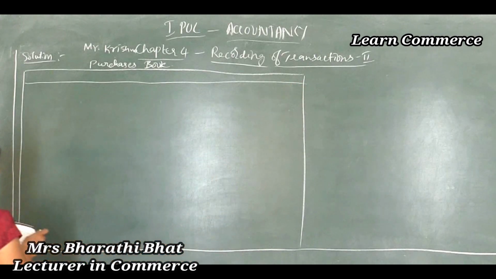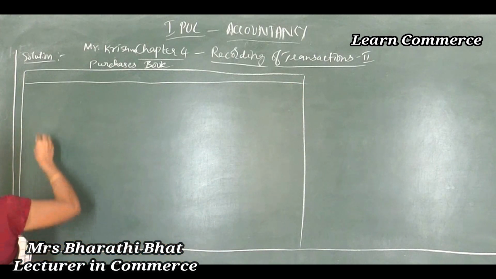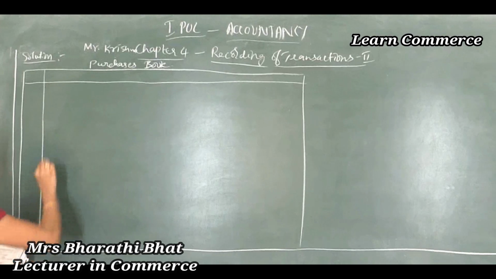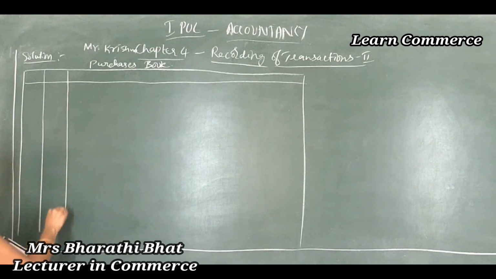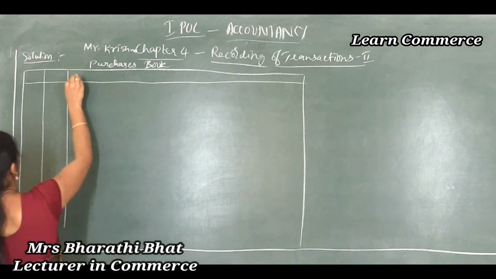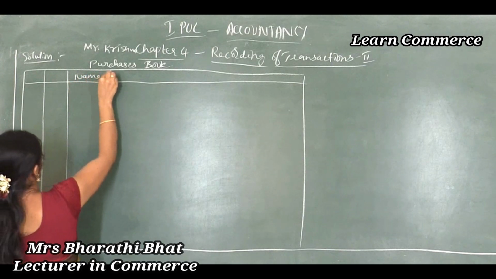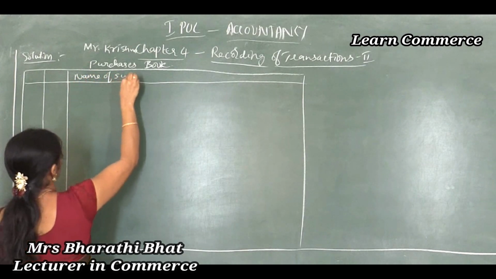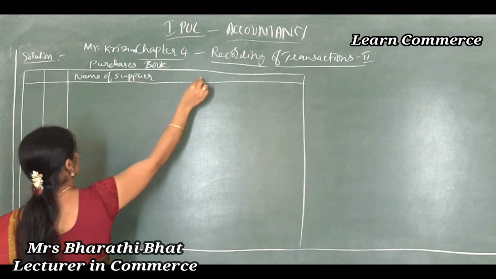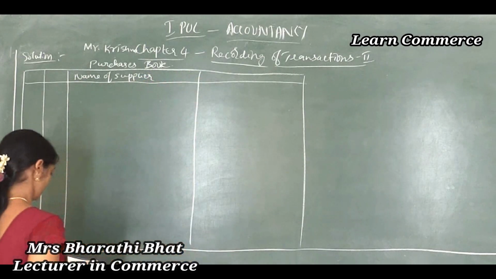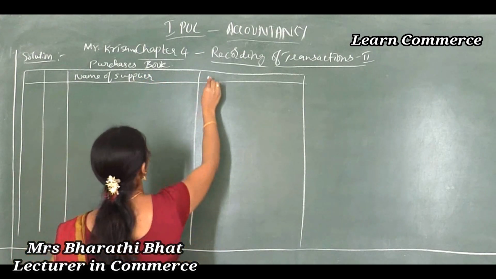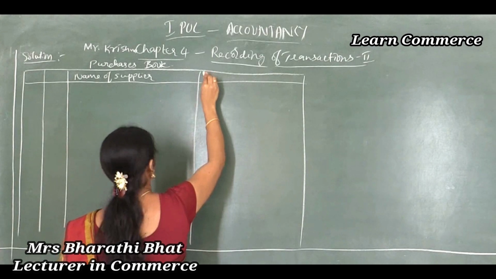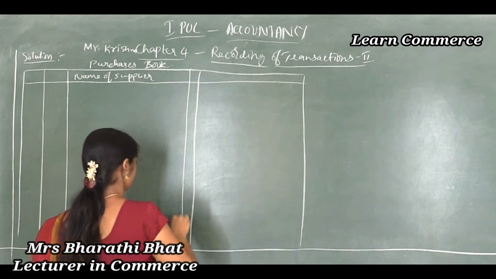So the next line, the first column is for date, then invoice, name of supplier and details, and a small column for LF.